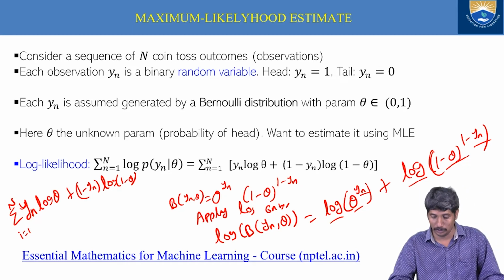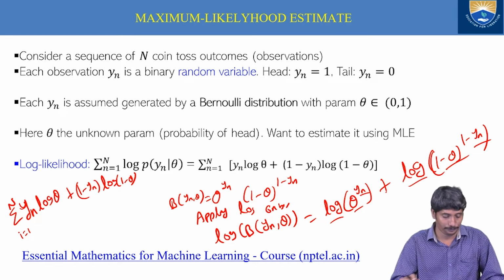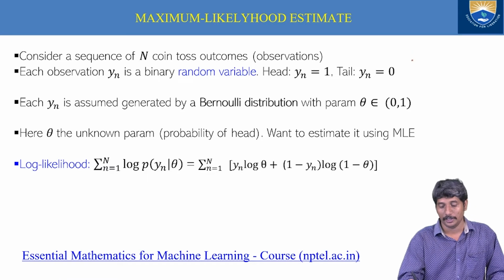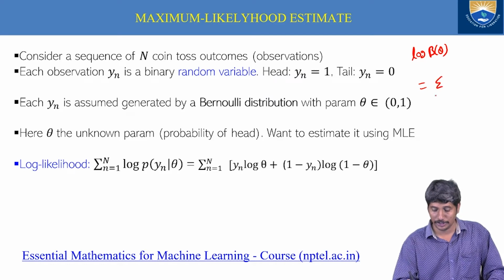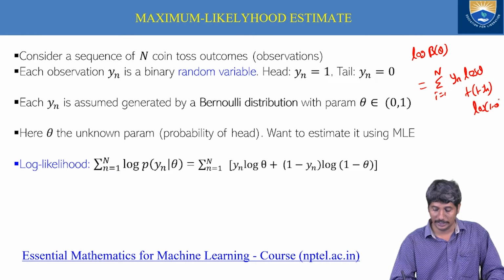Now, I'll write the end result once again. We have obtained the log likelihood function as summation i equals 1 to n of yn log theta plus 1 minus yn log 1 minus theta.